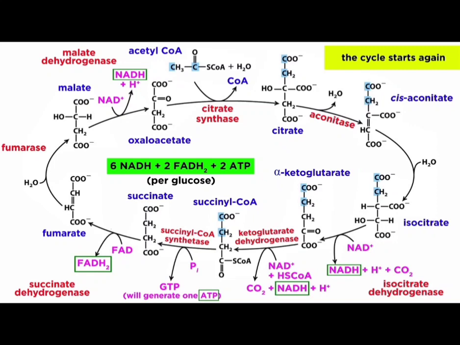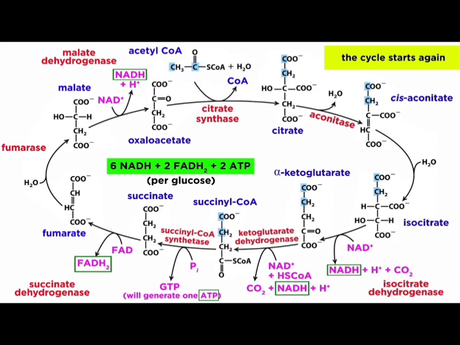We start glycolysis with just one glucose molecule, and at the end we get 2 pyruvate, two 3-carbon molecules. If we get 2 pyruvate molecules at the end of glycolysis, one pyruvate molecule will be oxidized to 1 acetyl-CoA. So 1 acetyl-CoA will fuel just one Krebs cycle.